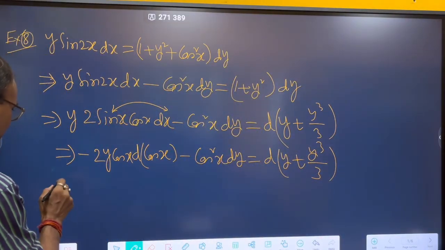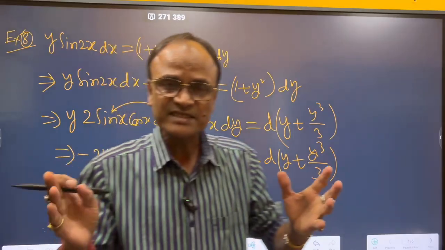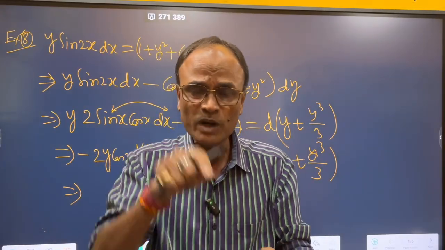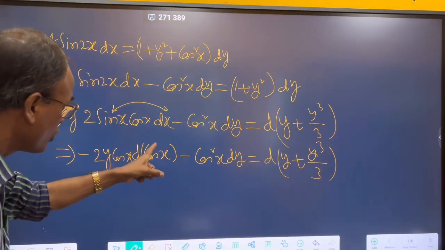Now, what is x dx? X dx can be written as d of x square by 2. So cos x d of cos x is d of cos square x by 2.